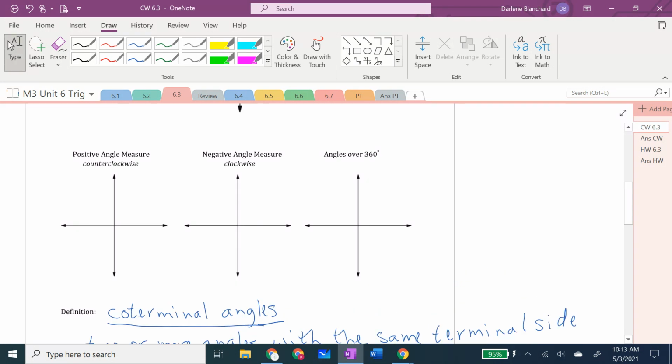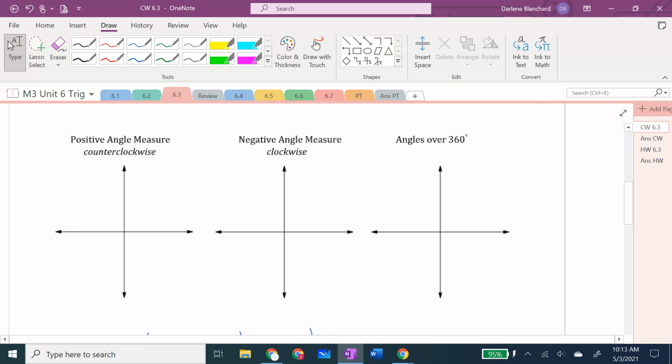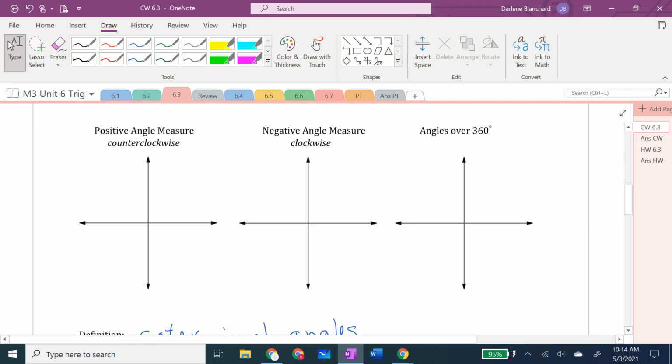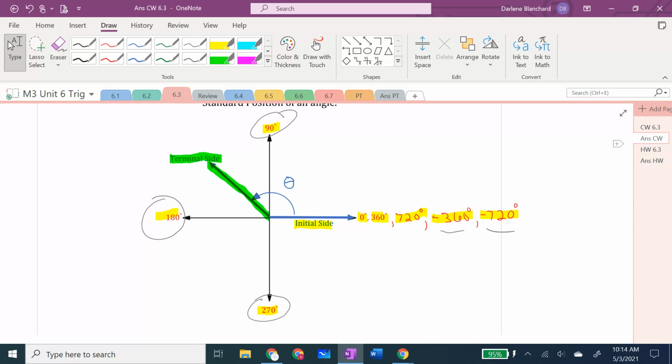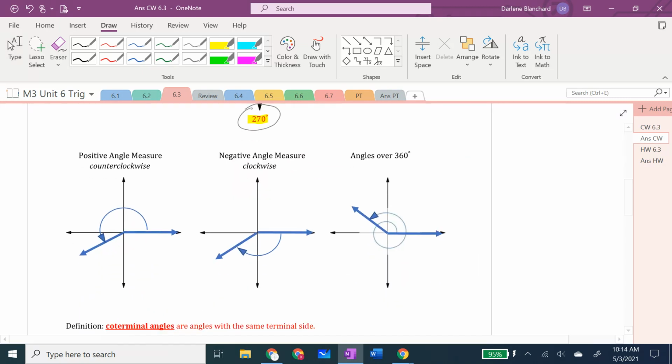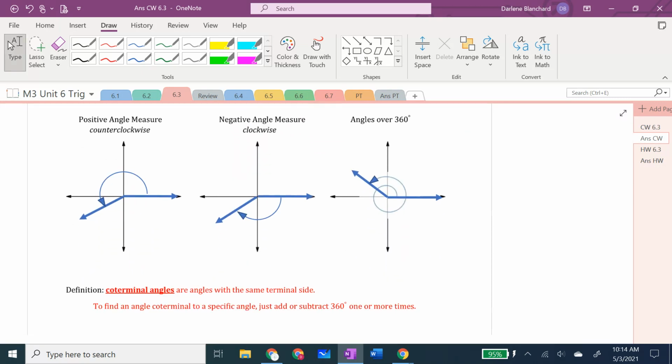So this is a place where you can draw some of the stuff I was just showing you with positive angle measure, and I'll just show you. These are some of the examples of what you can put on your classwork to help you know those.